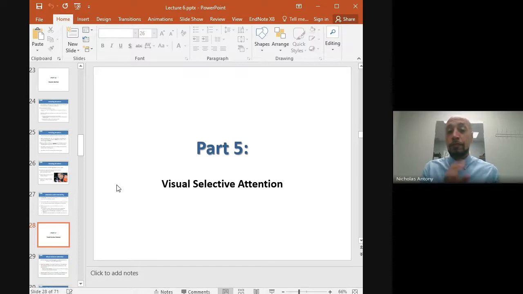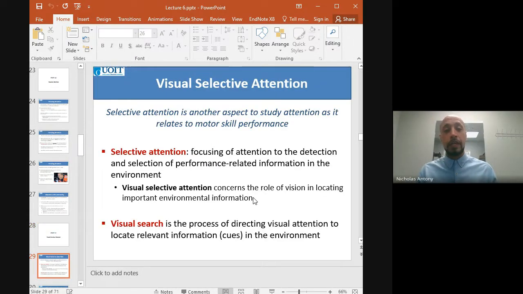So in terms of attentional focus, where we're focusing attention, a lot of research has looked at visual selective attention. Now, we've talked about how for humans, vision, in terms of sensory processes while performing motor skills, is what we seem to prioritize, correct?